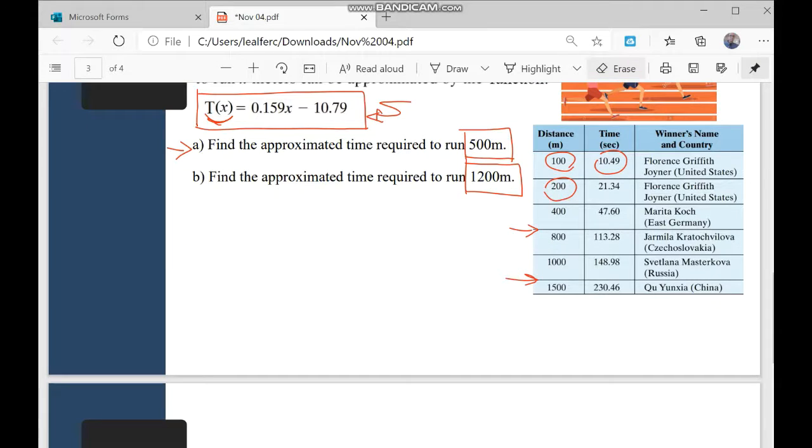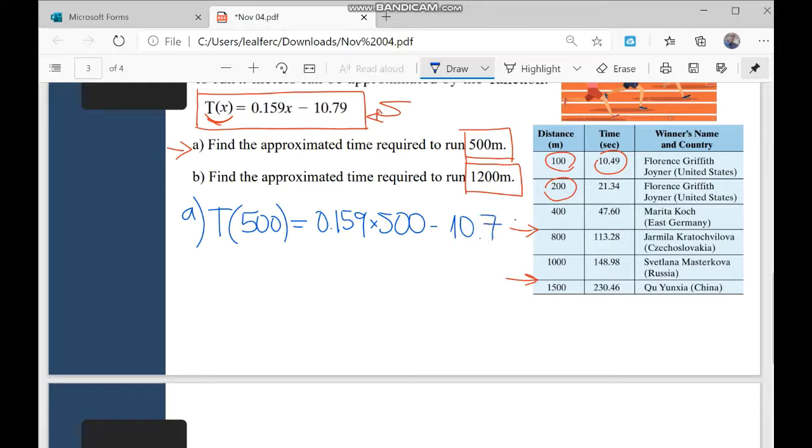For the first example, find the time required to run 500 meters. So A. Plug in: T of 500 is going to be equal to 0.159 times 500 minus 10.79.